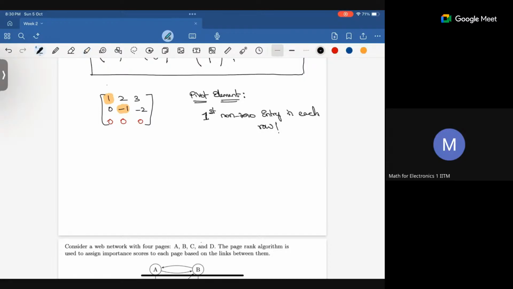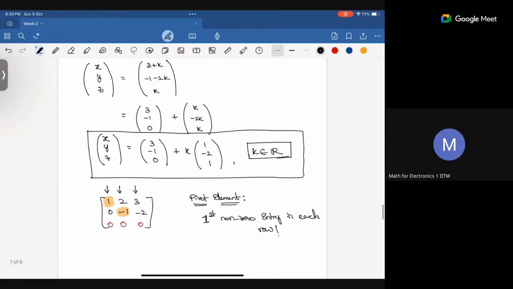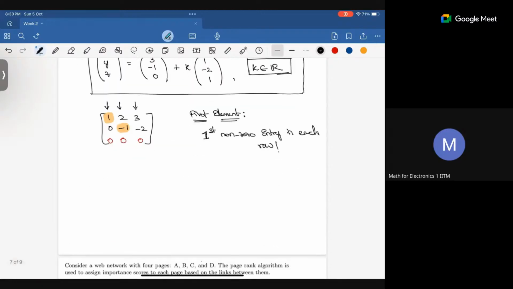So again, since this is the matrix vector form of the system of linear equations, each column corresponds to a variable, right? So the very first column corresponds to the coefficients of x. The second column corresponds to the coefficients of y. The third corresponds to the coefficients of z.